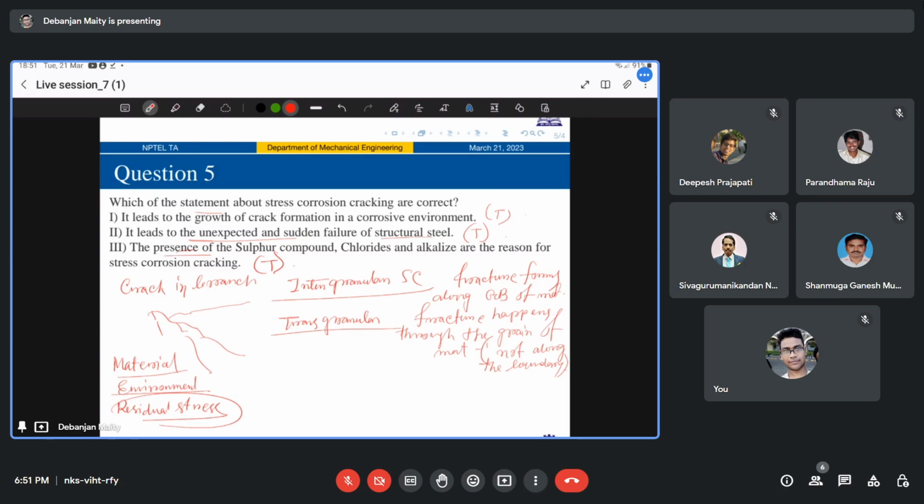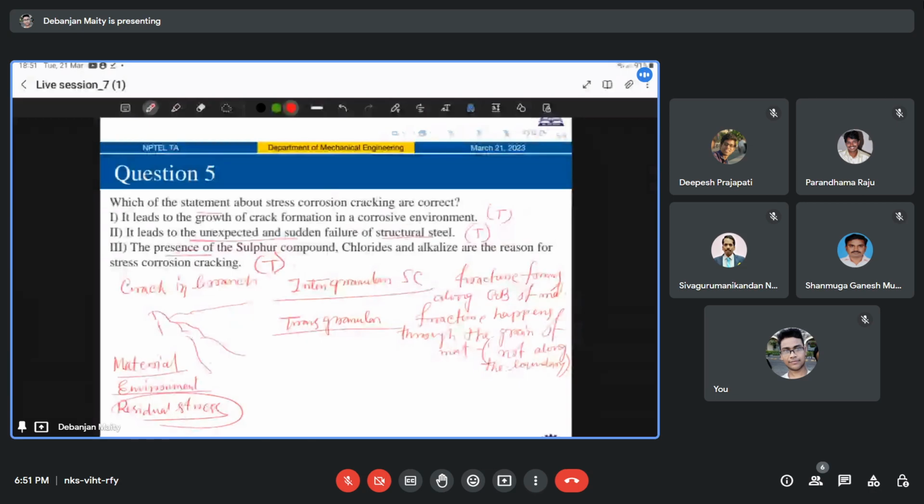However, this can be a very difficult factor to control if corrosive species are naturally present in the environment. Most of the time there will be a corrosive agent in the environment, so controlling the environment is very much difficult, right?